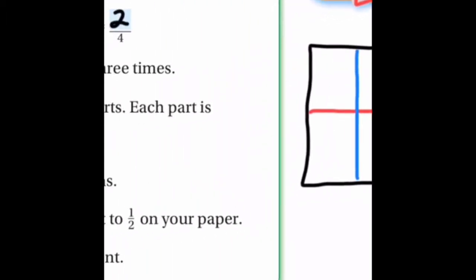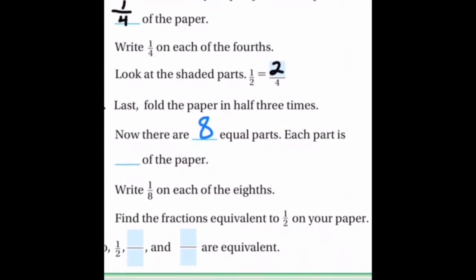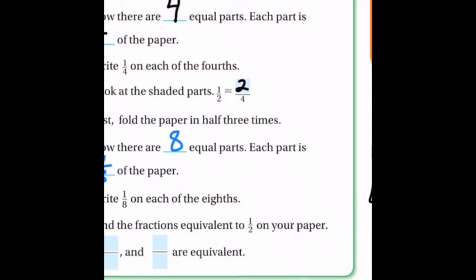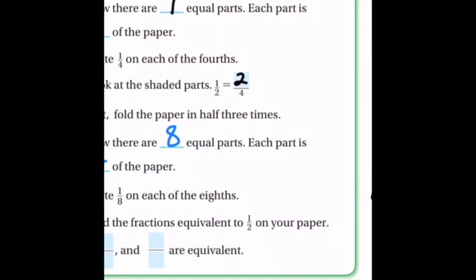And I get 8 equal parts. Each part is 1/8 of the paper. So then you would write 1/8 in each box. Okay. Find the fractions equivalent to 1/2 on your paper.